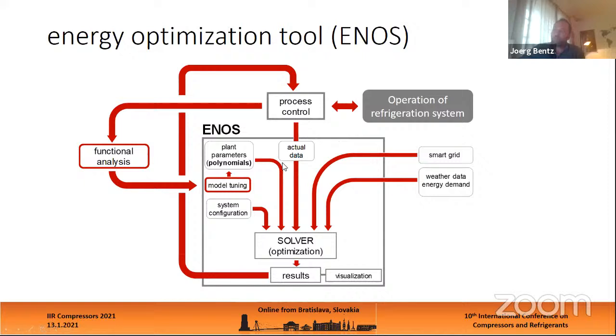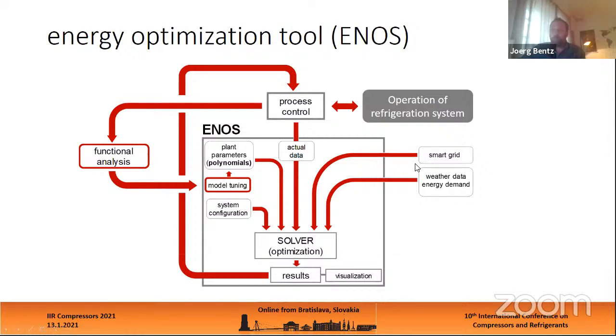And then we have actual data, which is fed by the process control of the system. This process control is collecting all the measurement data from the real system on site, of the refrigeration system, and giving it also to the solver.